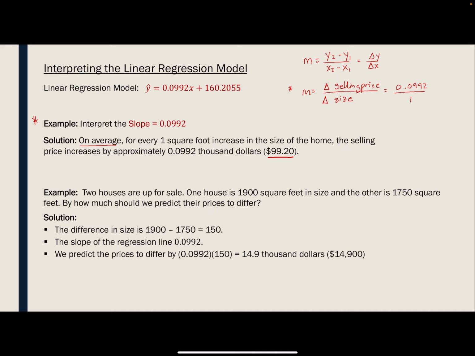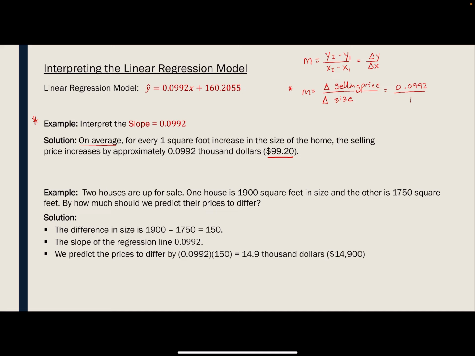Now we can use this to answer some questions. Here's an example. Say we have 2 houses up for sale. One house is 1,900 square feet in size and the other one is 1,750 square feet. By how much should we predict that their prices will differ? So think about what the slope means. It means for every 1 square foot increase.